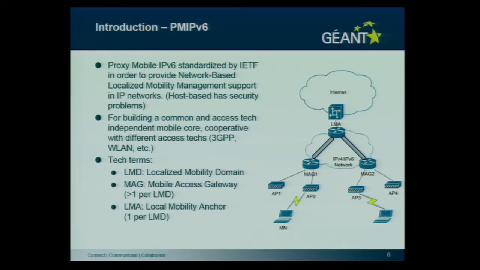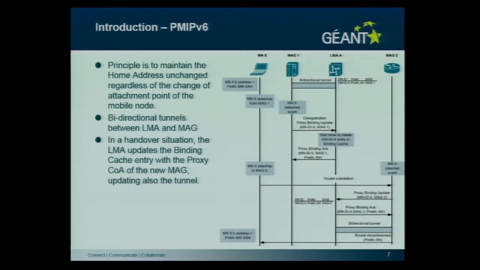Now this is a protocol standardized by IETF. Some more details: as long as a mobile node X enters the realm of MAG2, for example, the MAG will send a proxy binding update message to my anchor saying, please send everything bound for X to me. Then an ACK message is sent back to the MAG from the anchor, and a bidirectional tunnel is established between the anchor and the MAG.